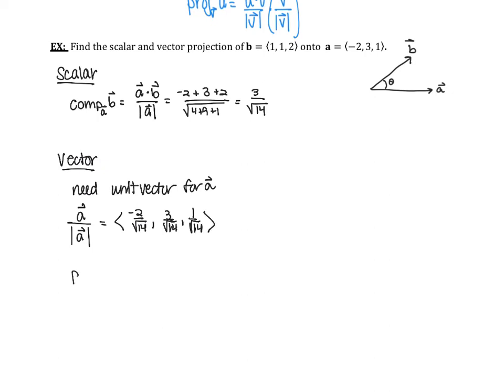Therefore, the projection of B onto A is equal to the scalar projection of 3 over root 14 multiplied by the unit vector we just found. Simplifying, it's kind of nice, those are all root 14, so we get 3 over 14.